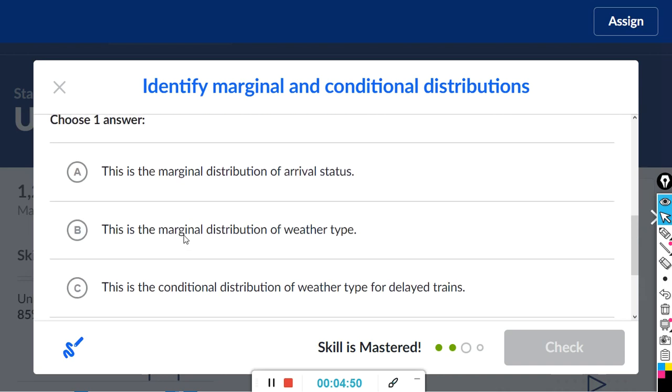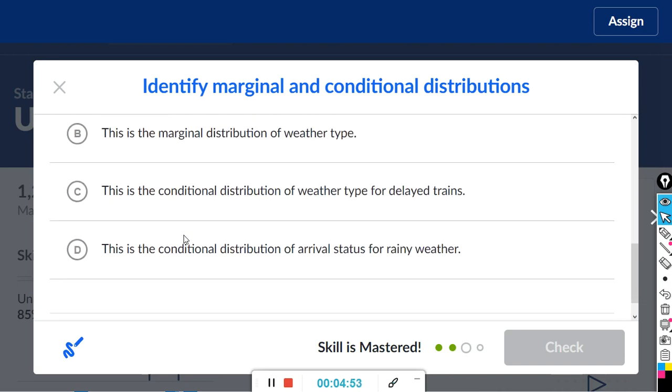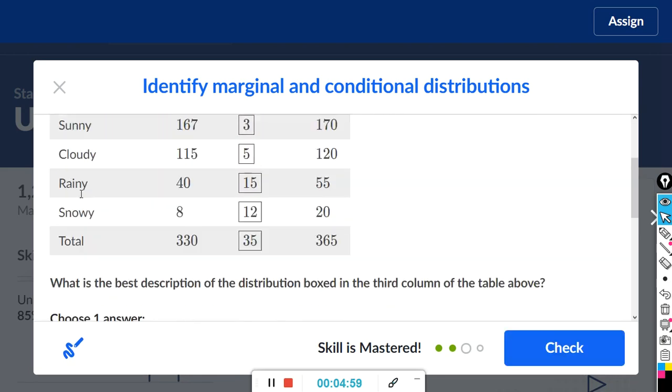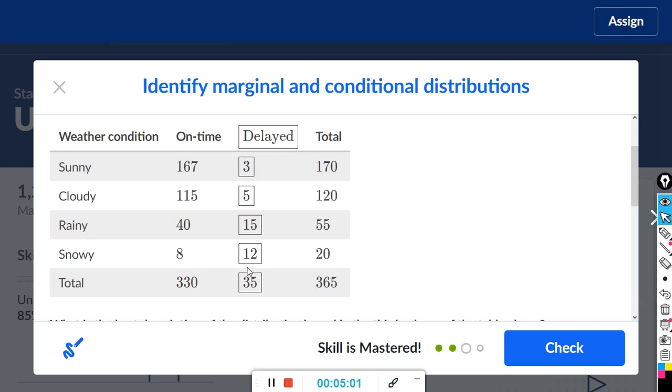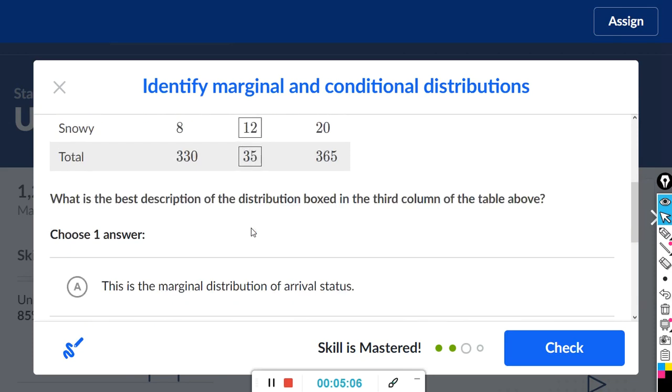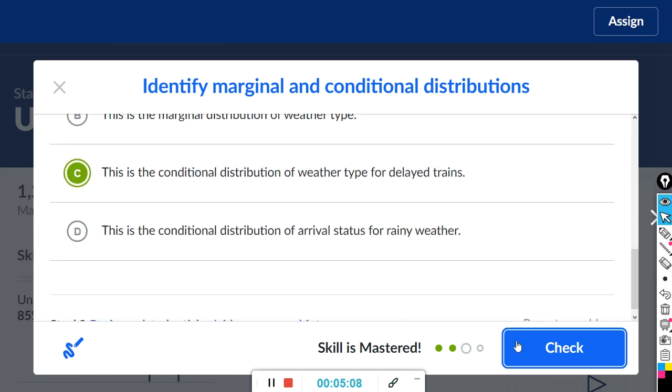It's definitely not A or B because those say marginal. Conditional distribution of weather type for delayed trains. That's it. See, these are all delayed, and they have 3 for snowy, 5 for cloudy, and so on. So it's definitely conditional.